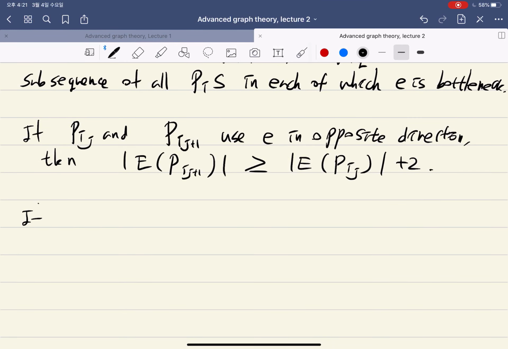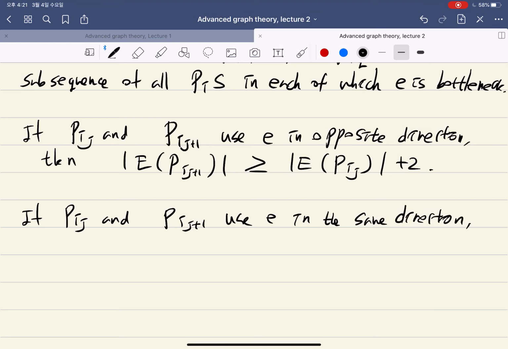And if these two use E in the same direction, then what would it mean?